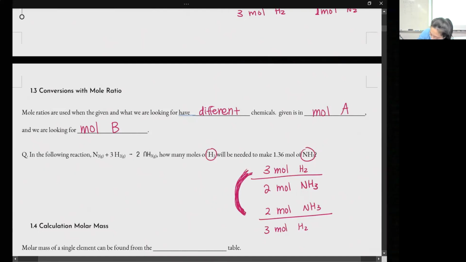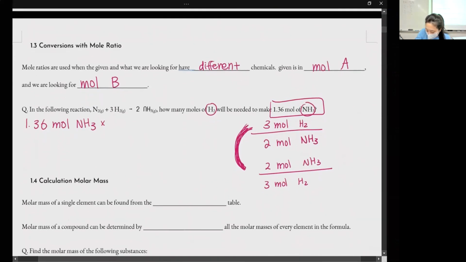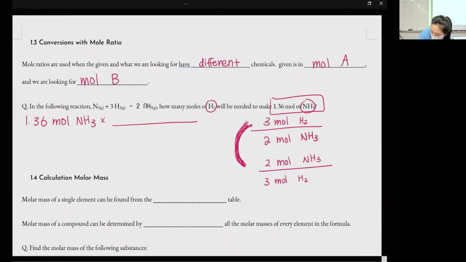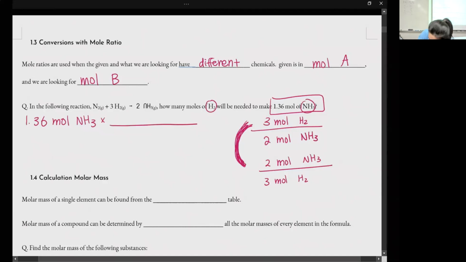All right, so our given is 1.36 mole of NH3. And if you recall the algebra, we can cancel the top and the bottom if the unit is the same. So what we're gonna do is bring this unit, mole of NH3, to the bottom side, and then look at our examples of mole ratio.